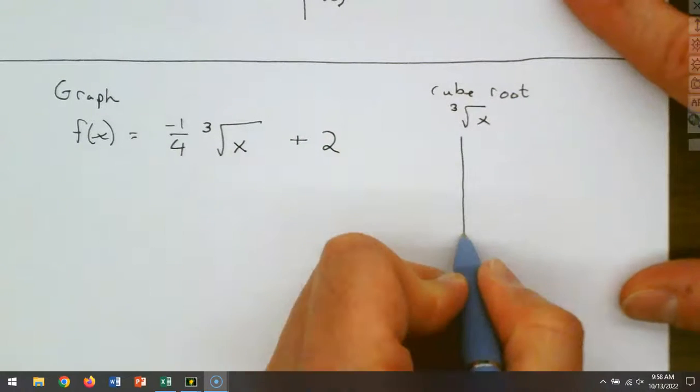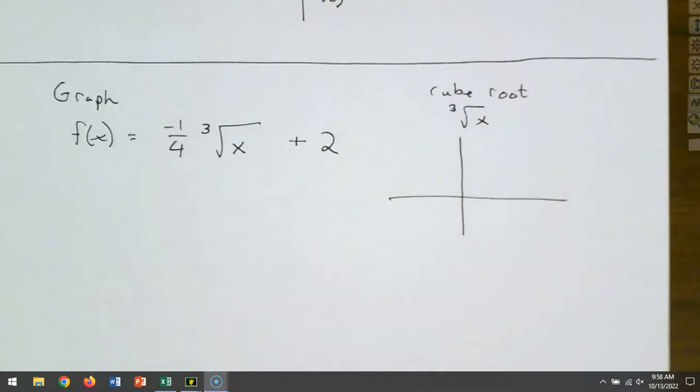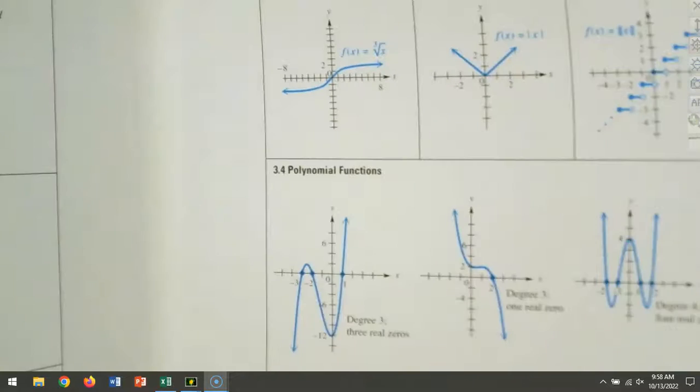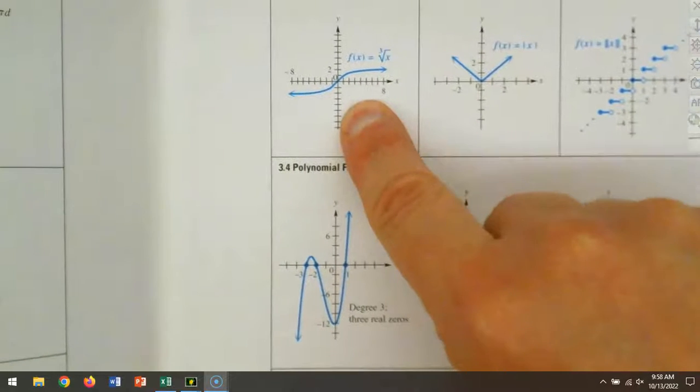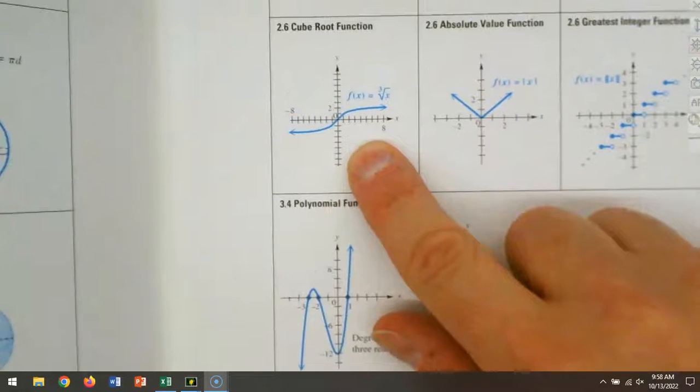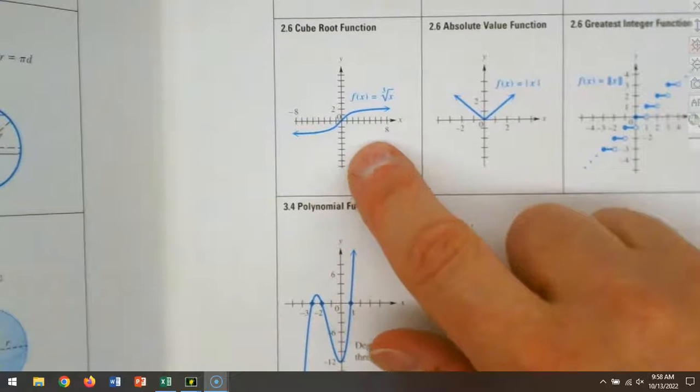And what does that look like from the back cover of our textbook? If we go back and we look, it's a cube root graph. And so the cube root graph looks like that, doesn't it? That's our cube root. So we need to make sure that it looks like that.